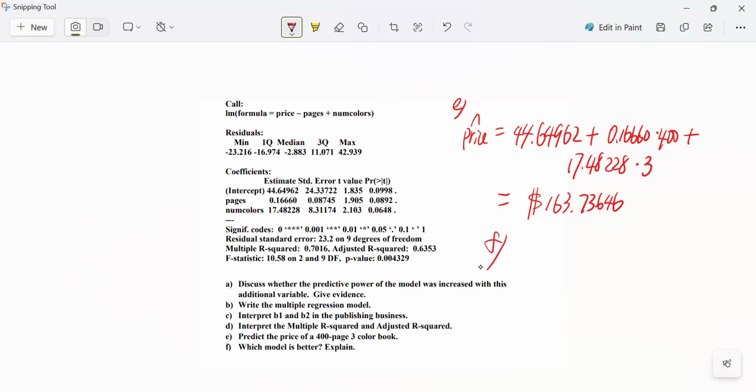Which model is better? Looks like the second model is better, because the R squared went up by 12%.